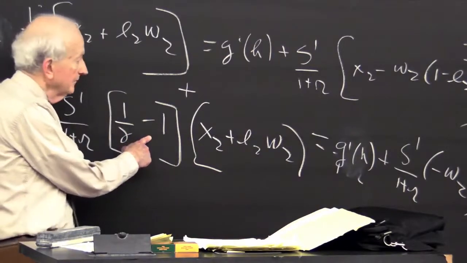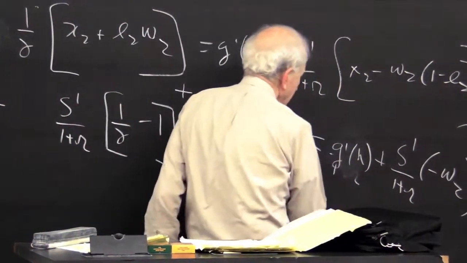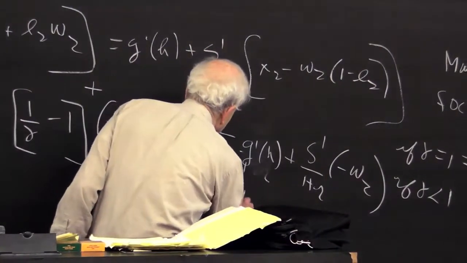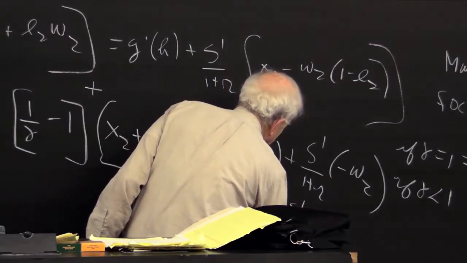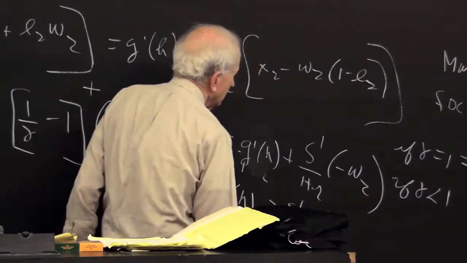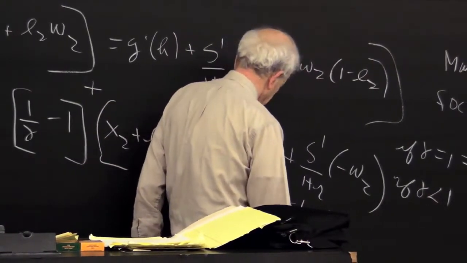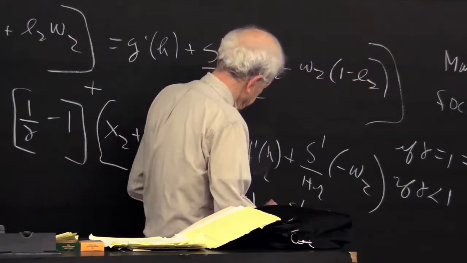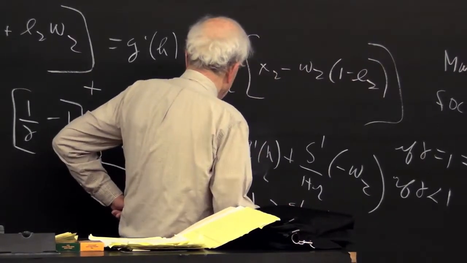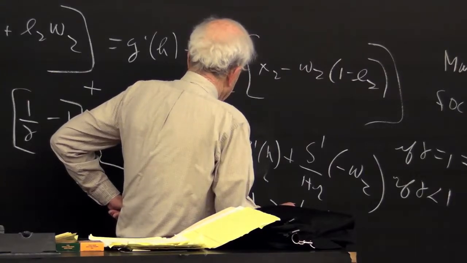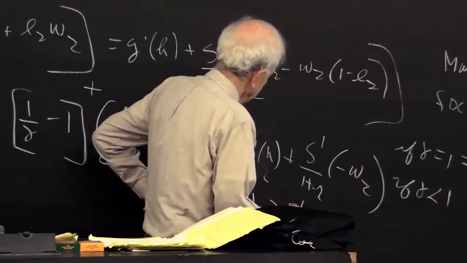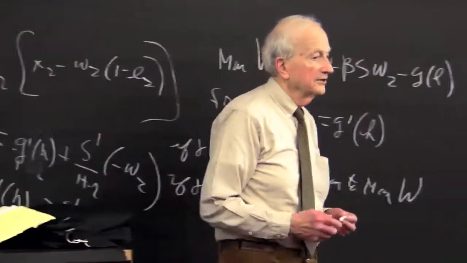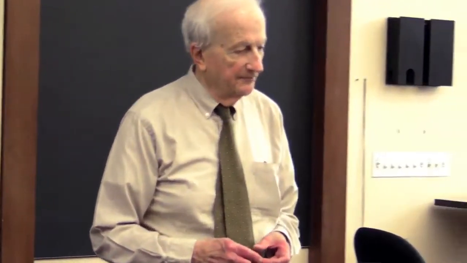So that says G prime H is greater than S prime over 1 plus R W2. Turned out it's right, what I wrote down. And what does that mean?